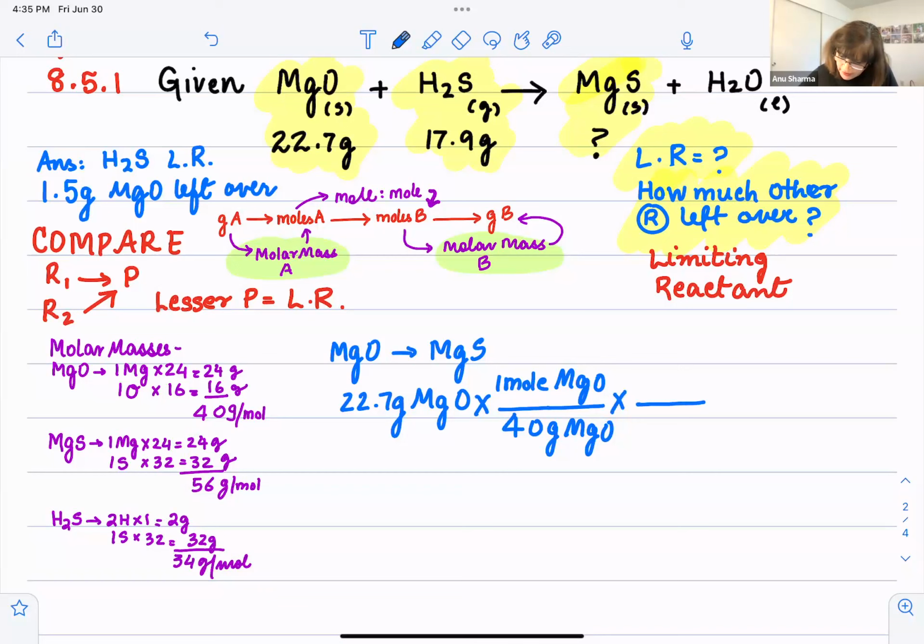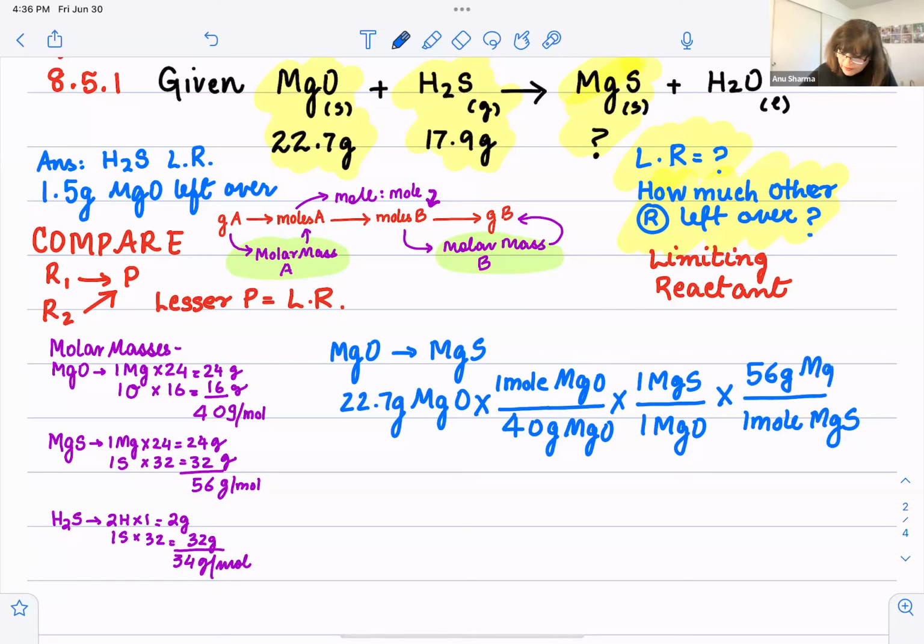So it's 1 to 1. 1 mole of magnesium sulfide is produced when 1 mole of magnesium oxide reacts. We can stop here, but we will continue. I like to do it in grams. So 1 mole of magnesium sulfide is equal to how many? 56 grams of magnesium sulfide.